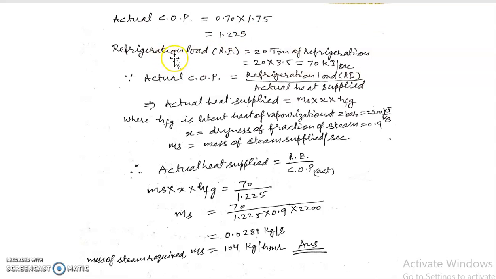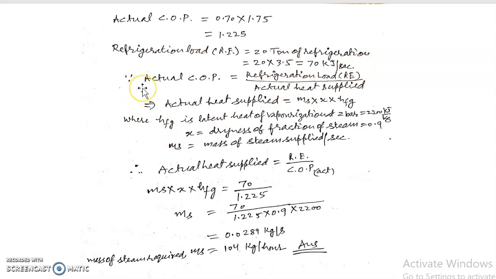The refrigeration load is given as 20 tons of refrigeration, and we know that 1 ton of refrigeration equals 3.5 kilowatt. So we convert 20 tons of refrigeration into kilojoule per second as 70 kilojoule per second. This is the total refrigeration load which can be achieved in this vapor absorption system.